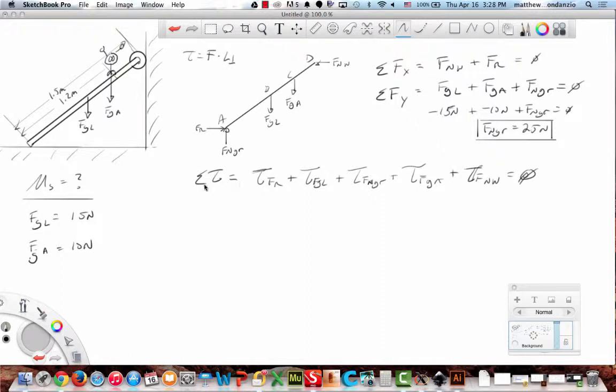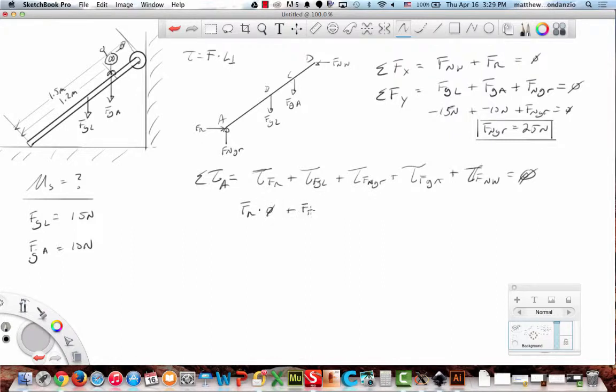So let's do this around A. So torque around A. Let's look at the torque from the friction force. That's the friction force times the length between the friction force and point A. What is that length? 0.